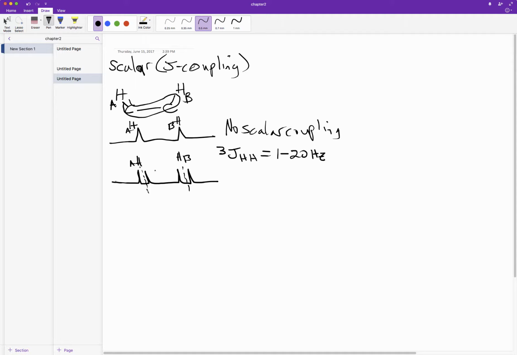And the easiest way to think of it is A is seeing B in one position aligned with the magnetic field, and one where it's non-aligned with the magnetic field. And so there's one with it aligned and one with it non-aligned. And the splitting pattern that you observe can be predicted by Pascal's triangle.